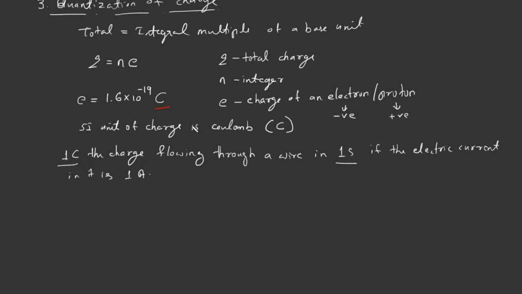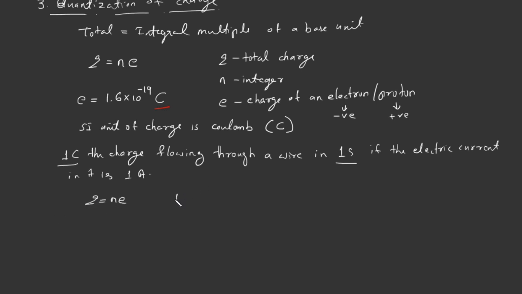To understand more about the size of SI unit of charge Coulomb with respect to the base unit, we are now going to calculate how many base units make 1 Coulomb. We know the equation Q is equal to n into e.